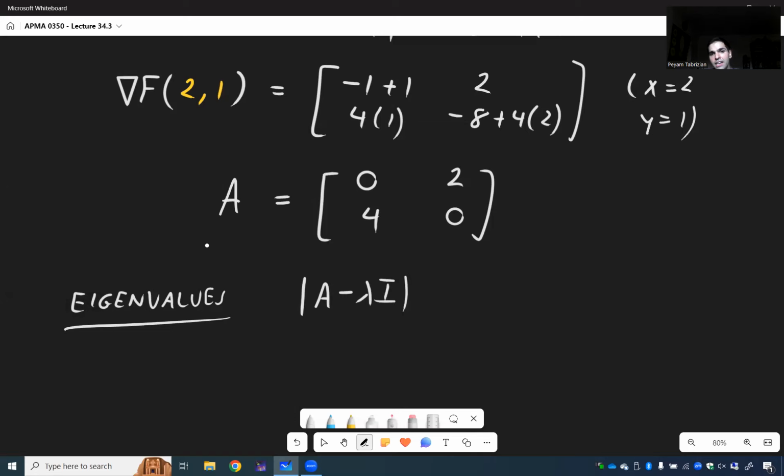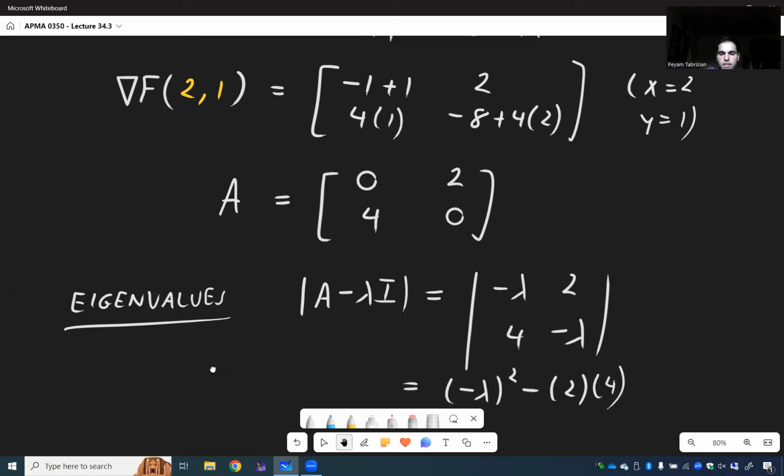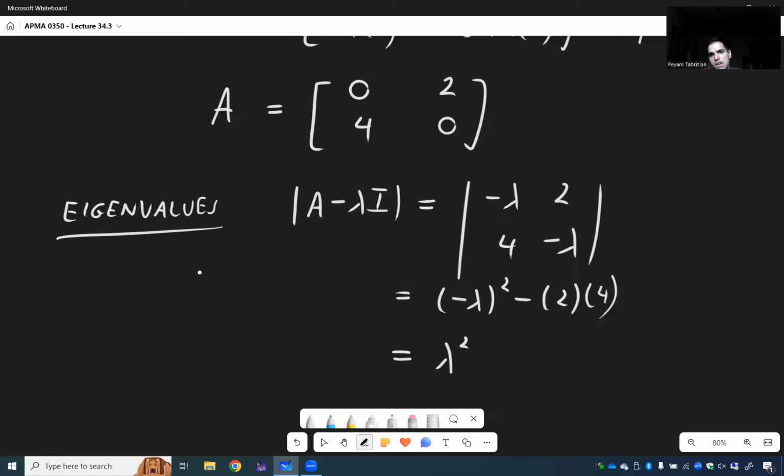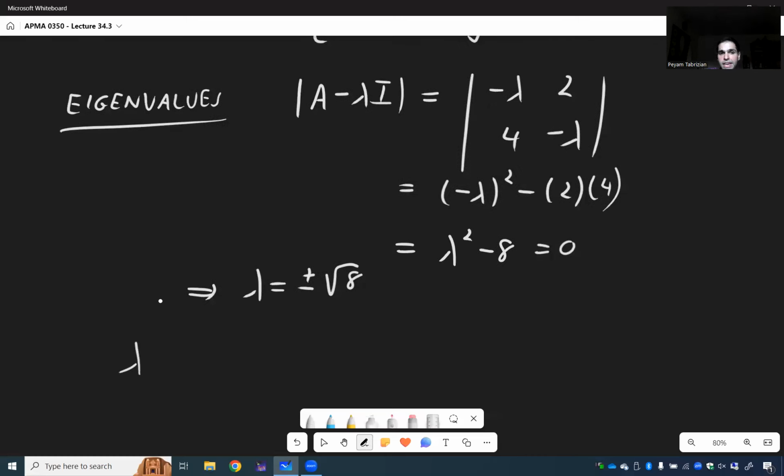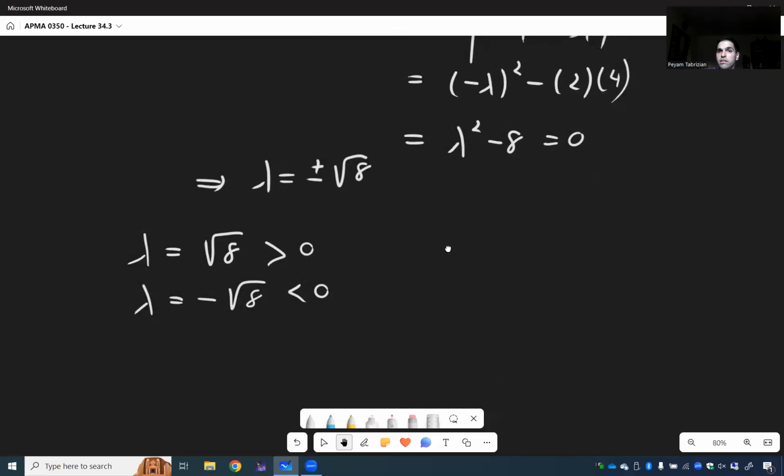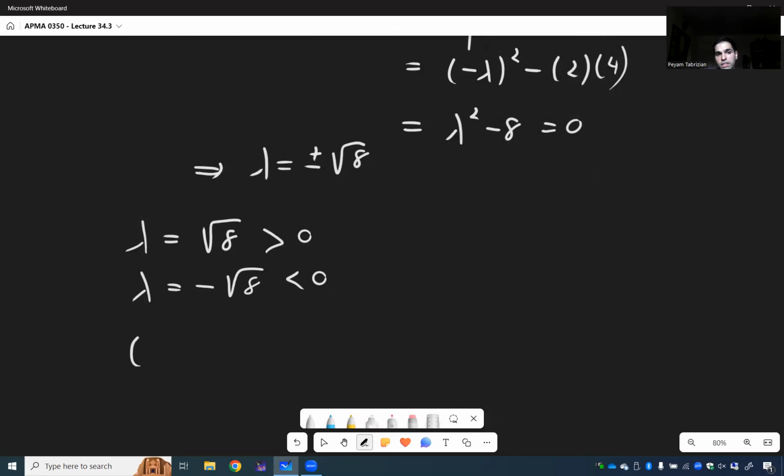So A minus lambda I becomes -lambda, 2, 4, -lambda, which is really lambda squared minus 2 times 4, which is lambda squared minus 8. You set this equal to 0, and you get lambda is plus or minus √8. So in this case, we have 2 eigenvalues, one being positive and one being negative, which according to our recipe, tells you that our equilibrium point is a saddle.